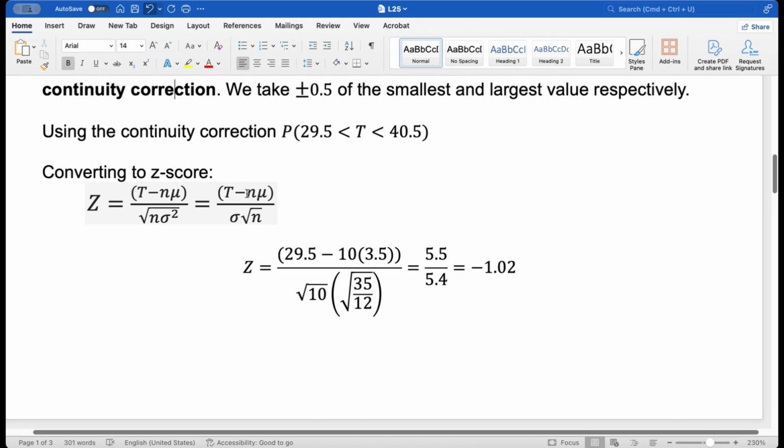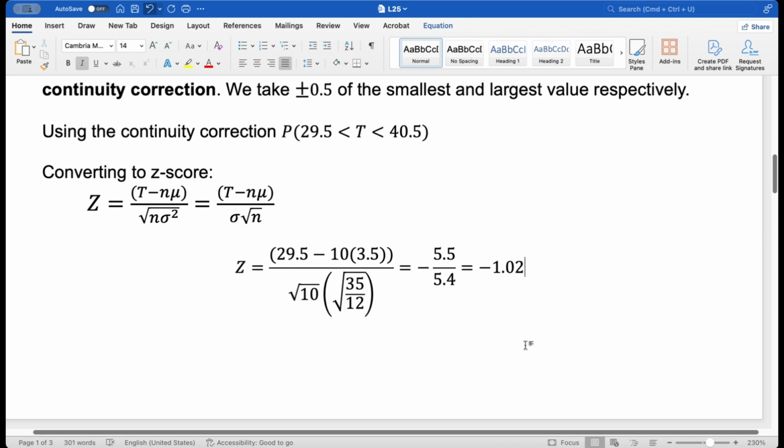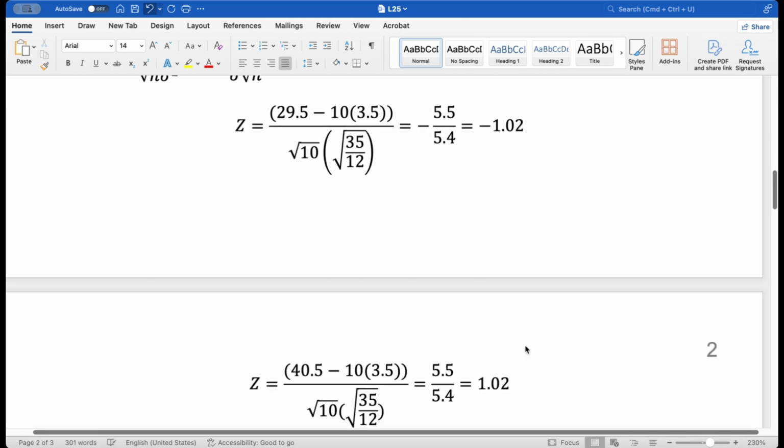We're using the mean for the total, which is n times mu, and then the standard deviation, which is root n times sigma squared, or sigma times root n. This should be a negative number here, 29.5 minus 35, so it's negative 5.5 over 5.4, which is about negative 1.02.